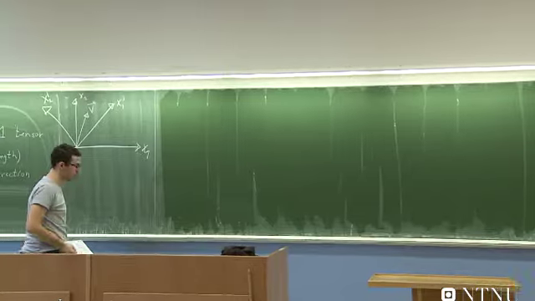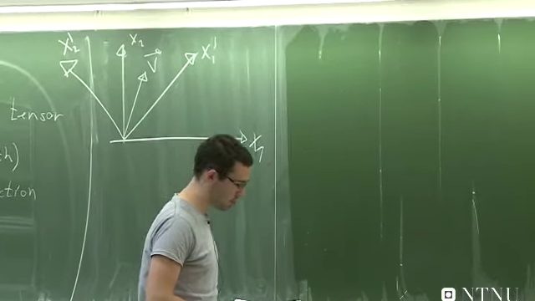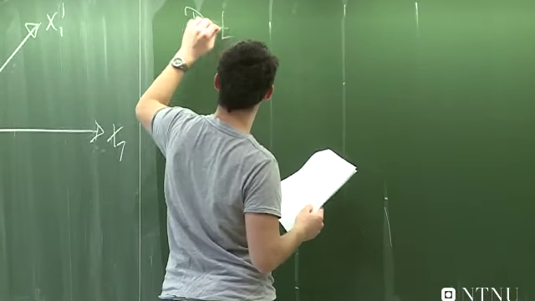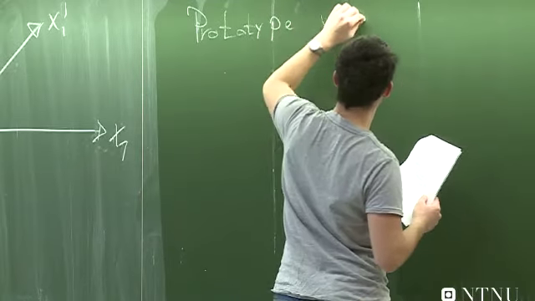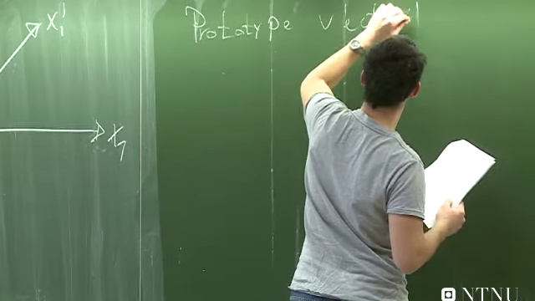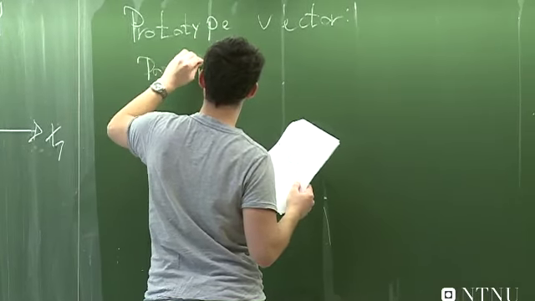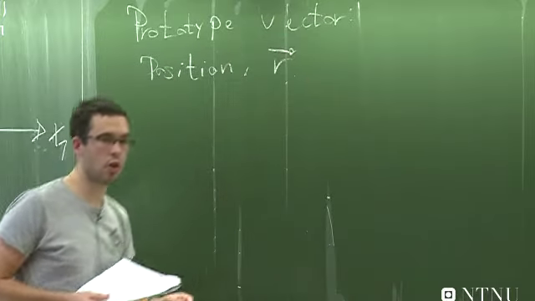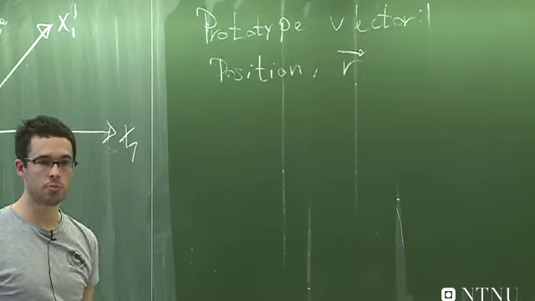Okay, and the standard sort of prototype vector, which you've all seen before, is the position vector. And what does the R vector do? Well, it just points at a point in space.